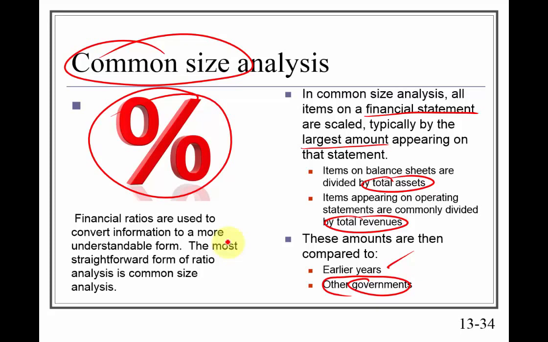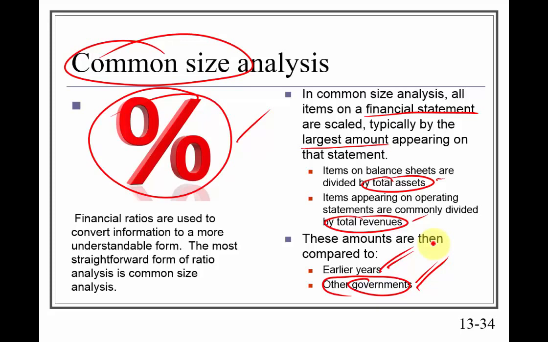And you divide that total amounts by all the other amounts on that same statement to get a percentage. And what you're doing now is looking at the percentage from year to year to see changes versus the dollar amounts. Or you're looking at percentage of one government compared to another government's same category.